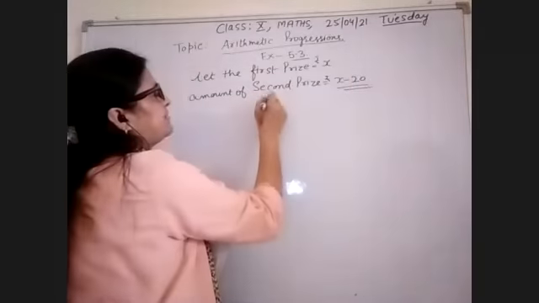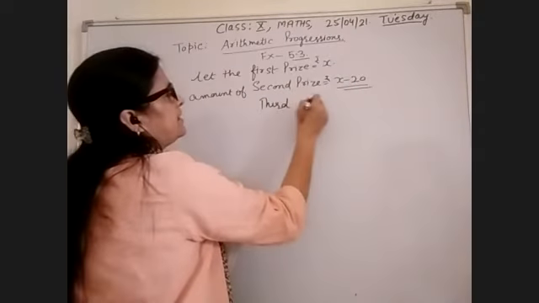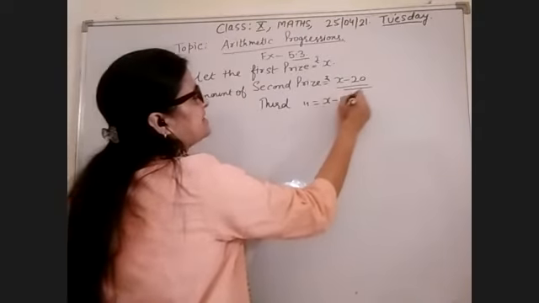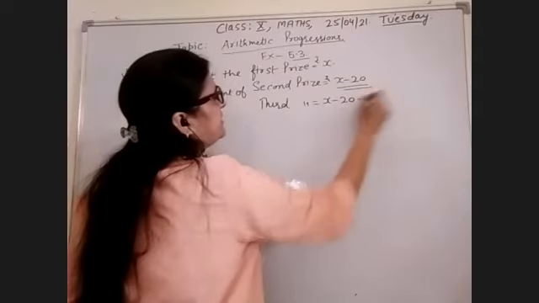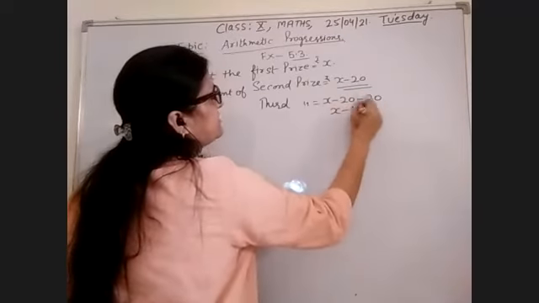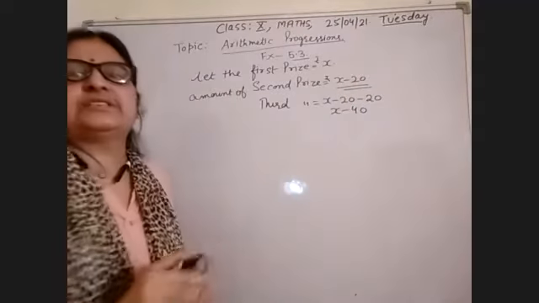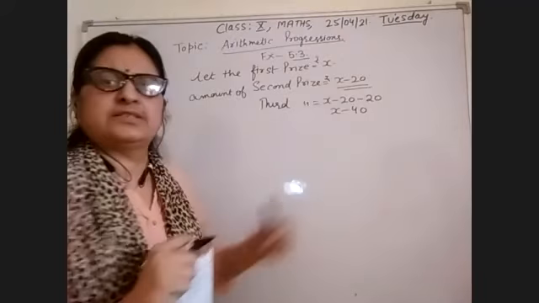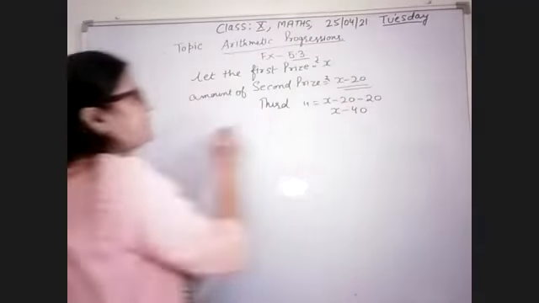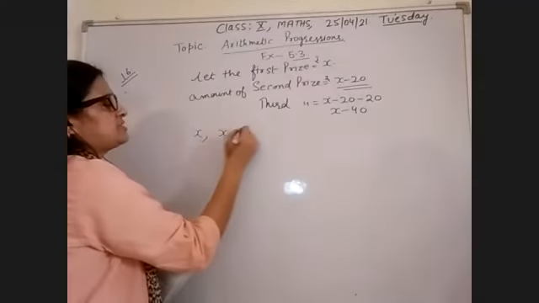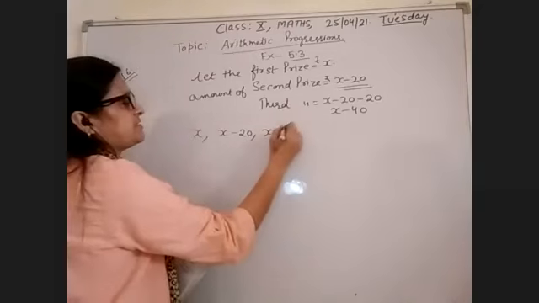And the third prize is X minus 40, because the next prize is 20 rupees less than the preceding prize. So this is forming an AP: X, X minus 20, X minus 40.